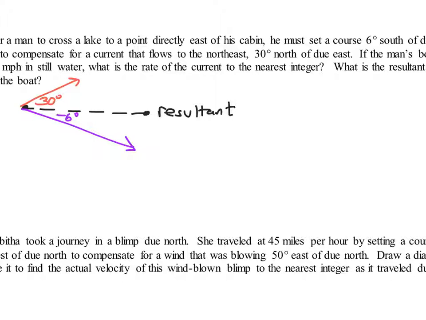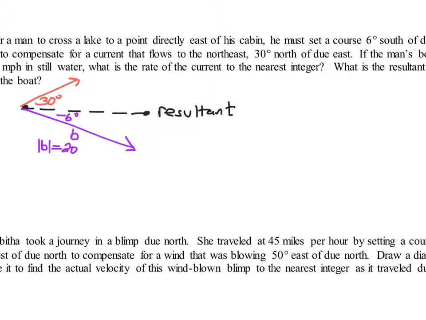All right. The man's boat travels 20 miles an hour in still water. So the magnitude of his boat, and I'm going to call this vector B for boat, the magnitude of B is 20, because that's the amount of propulsion the boat is offering. Whether it will actually amount to 20 miles an hour is a different story, but he's applying 20 miles an hour worth of force.